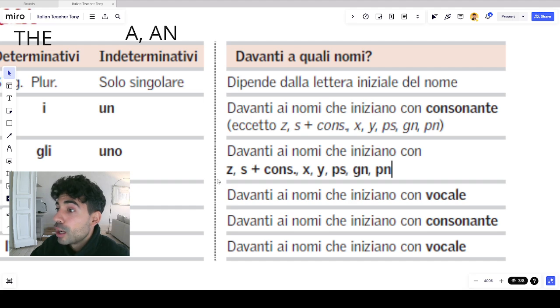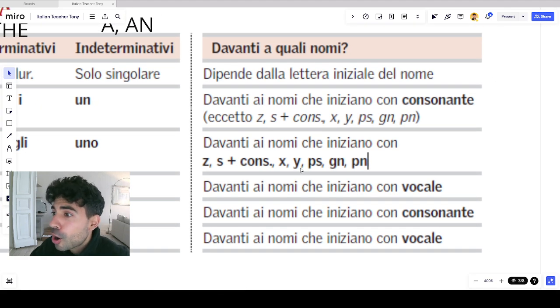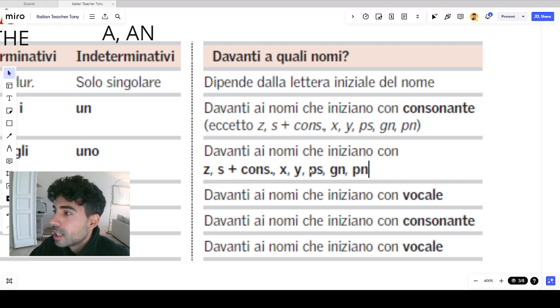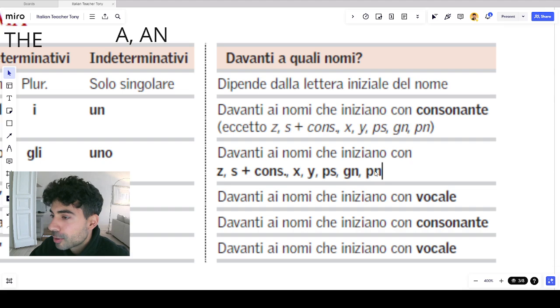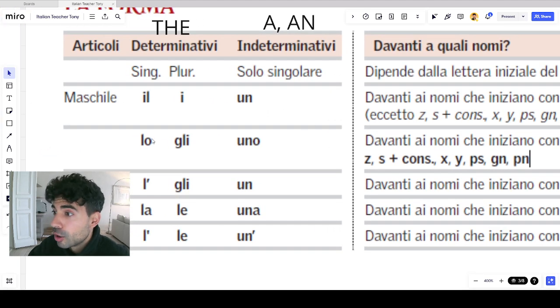For example, lo zio, the uncle; lo scoiattolo, the squirrel, S plus consonant; lo yogurt, the yogurt; lo psicologo, the psychologist. If you see this combination of letters and you know that the noun is masculine, the article will have to be lo.